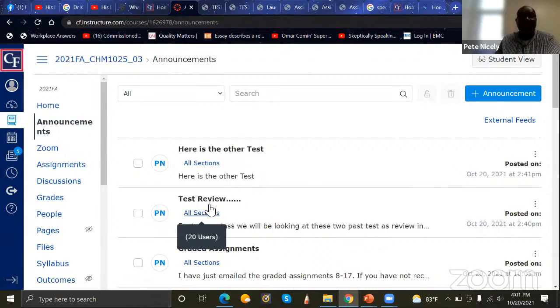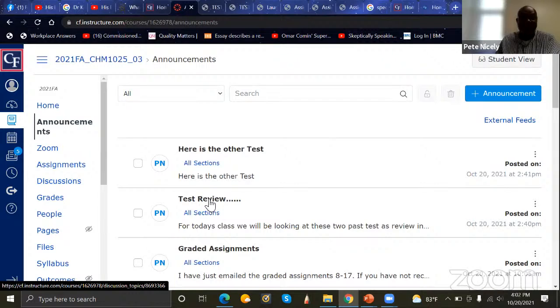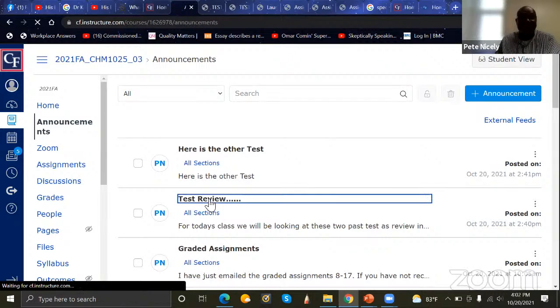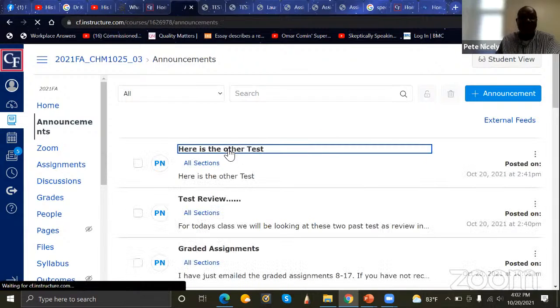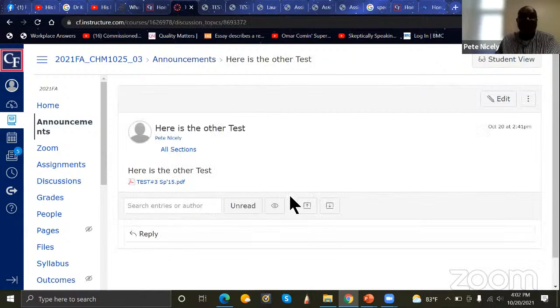You click on those, and then you're going to see the attachment. For example, in this case, you click on this, and then you see the attachment here, and you click on that to download it. And you do that for the other announcement I posted as well. The reason I'm doing this is because I need to use my screen to actually show you the work.